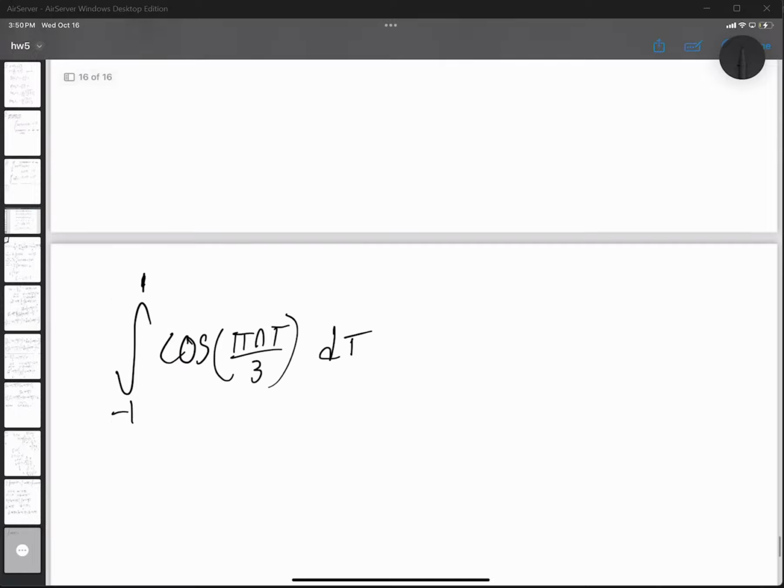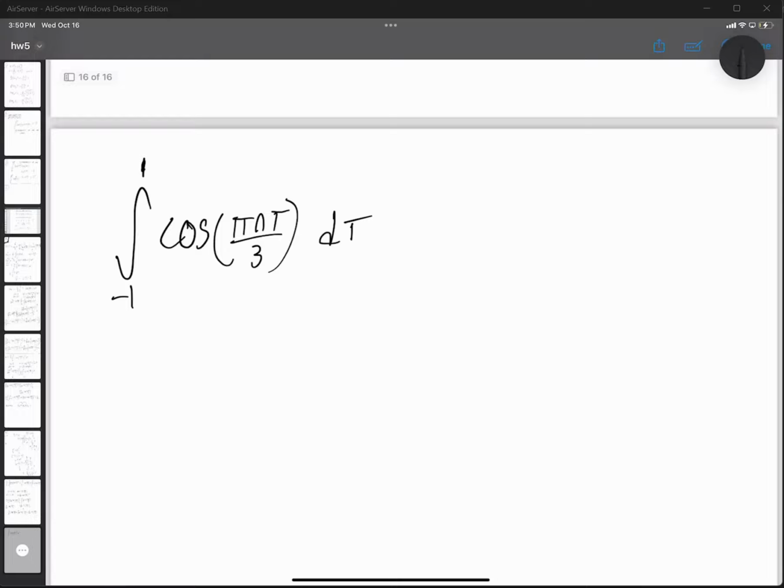And this is just going to be integrated. 3 pi n, sine of pi n t.